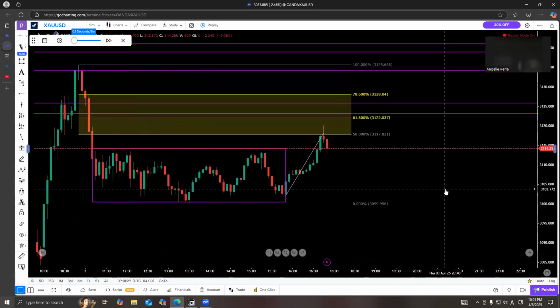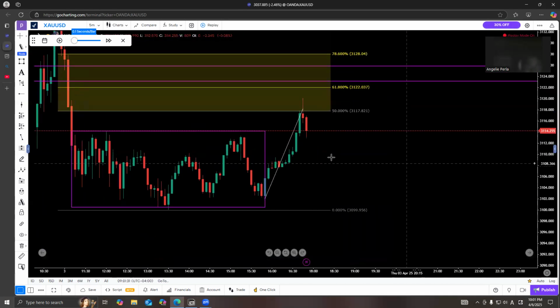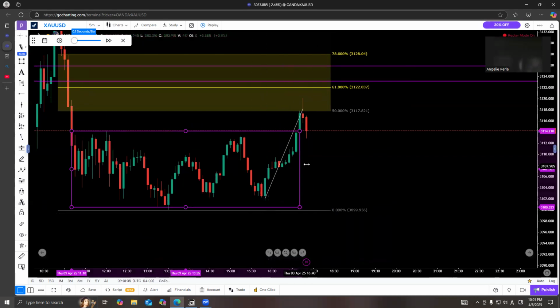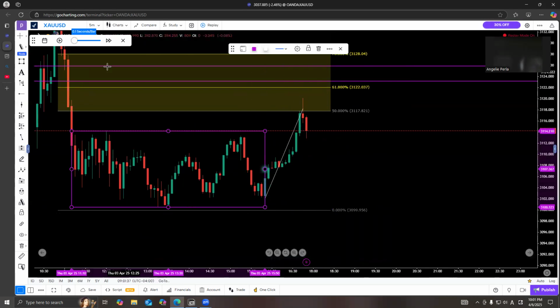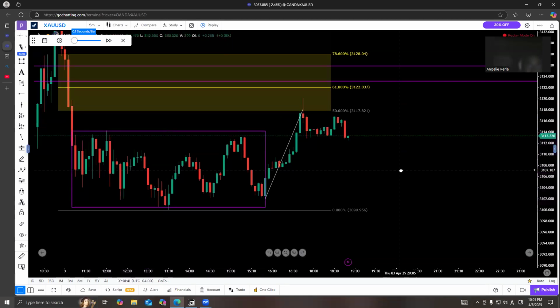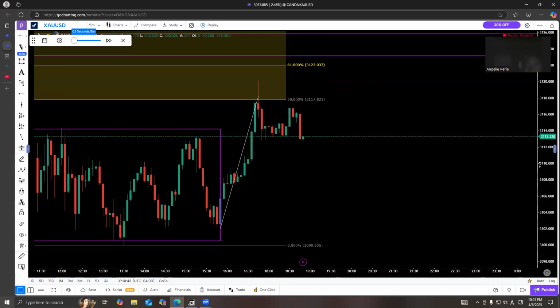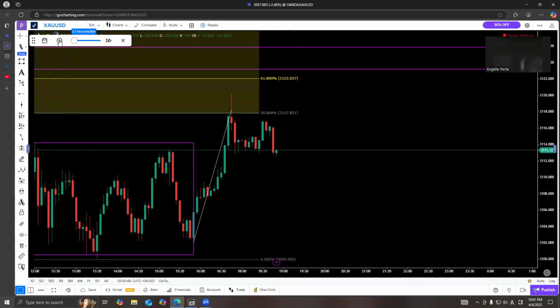And then I was looking for some sort of displacement back into these ranges and some sort of inverse fair value gap for us to take the short position.